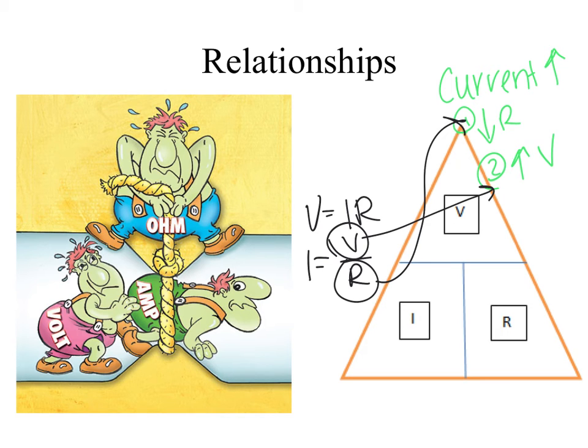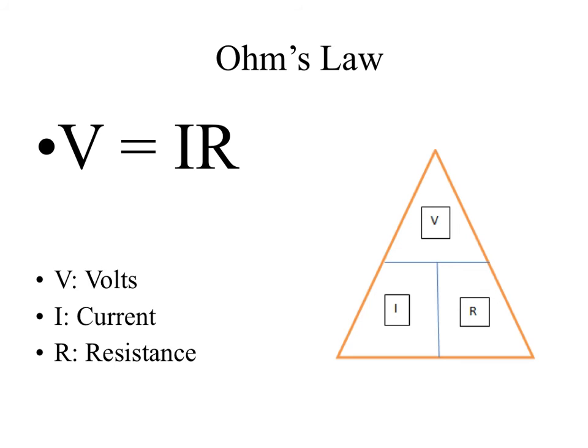And then it goes to your house as a lower voltage. So when we're looking at that relationship, we can control current, voltage, and resistance. Really, I can just change my battery or add more batteries if I want more voltage. Okay? So in my Ohm's law, V is volts, I is current, R is resistance. The only one that people sometimes get stuck on is the current because it is symbolized with an I instead of a C.